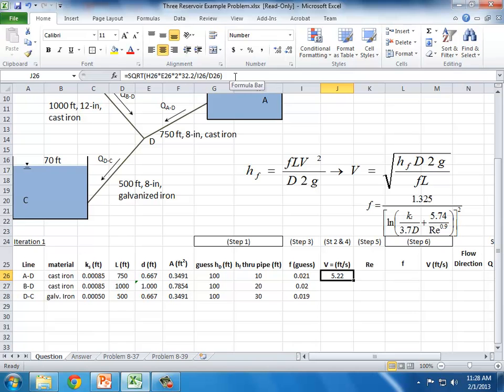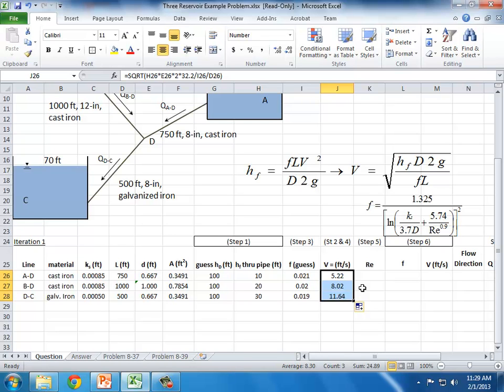I'll pause here for a second and see, does anybody have questions with what we've gone over so far? No questions so far. Okay, so I can just drag that formula down and calculate the velocity for each of the other pipes as well.